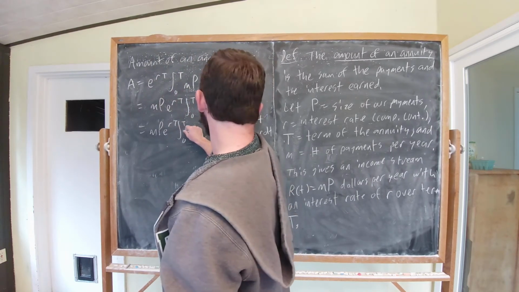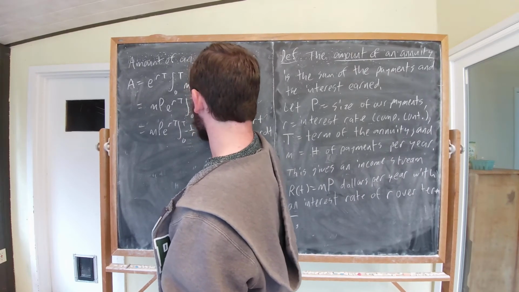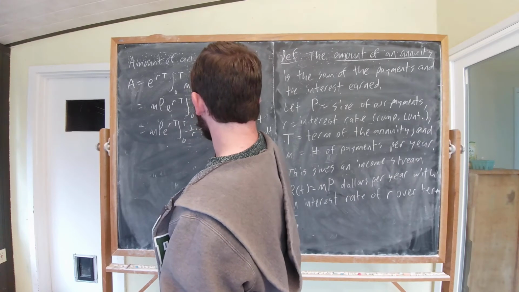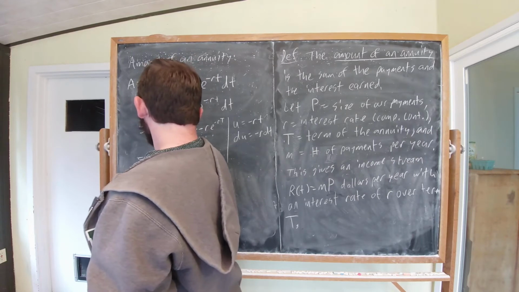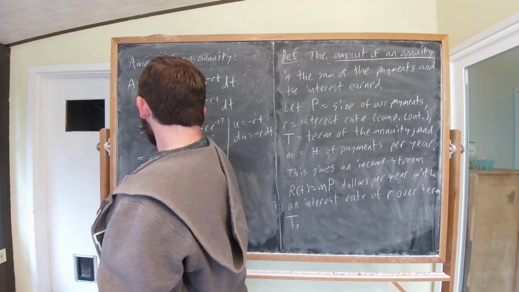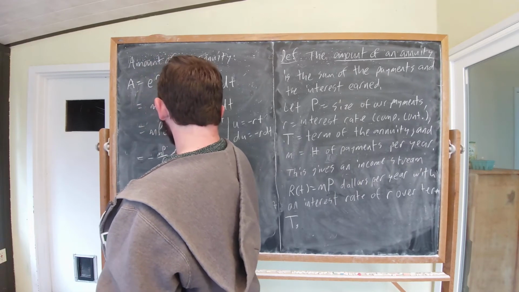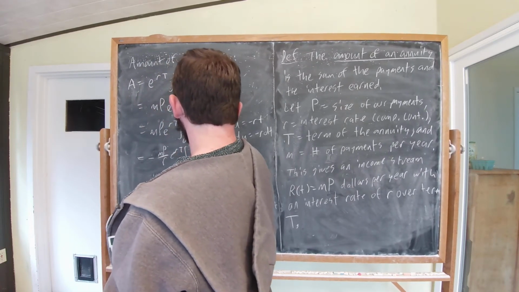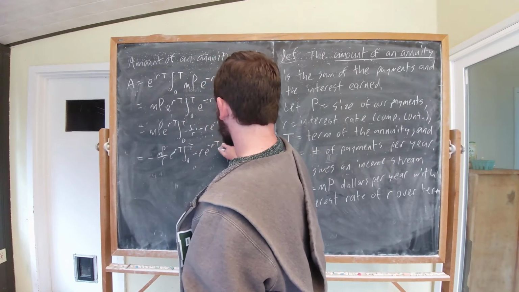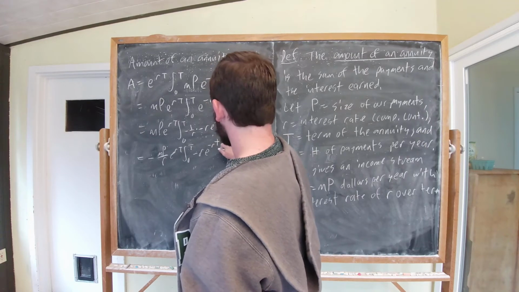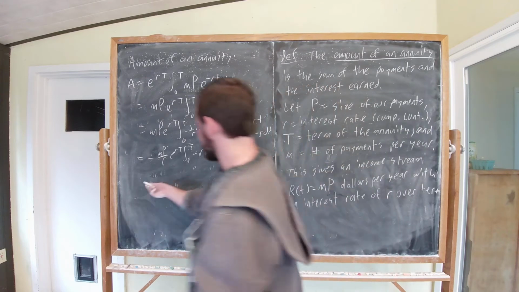It's negative 1 over r times negative r e to the negative rt, which equals negative mP over r e to the rT times the integral from 0 to capital T of negative r e to the negative rt dt. All right, let's hit it with our u sub.